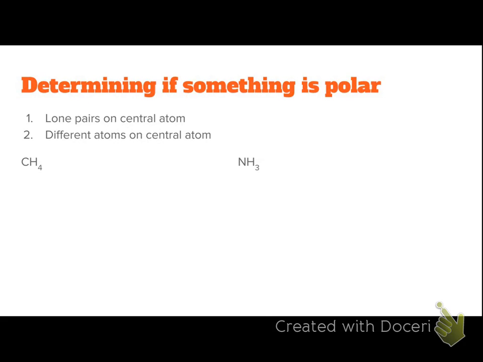So yes, you have to draw Lewis structures. You have to draw them correctly in order to be able to do this. So the first thing, if you have lone pairs on your central atom, you are going to have a polar molecule. If you have different atoms on the central atom, you are also going to have a polar molecule.